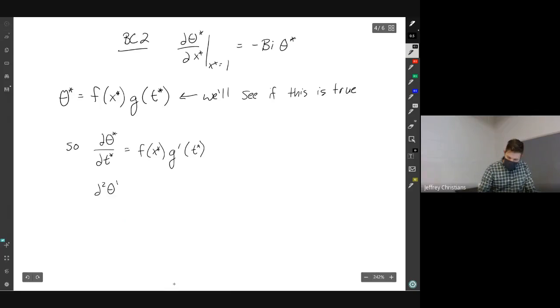We can do the same thing for the second derivative in x star squared.